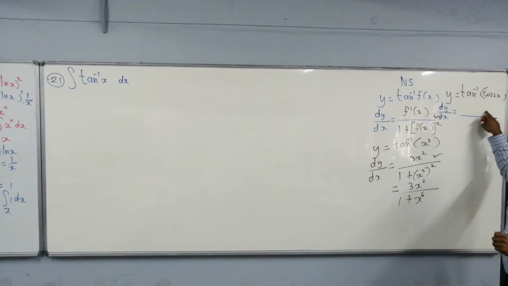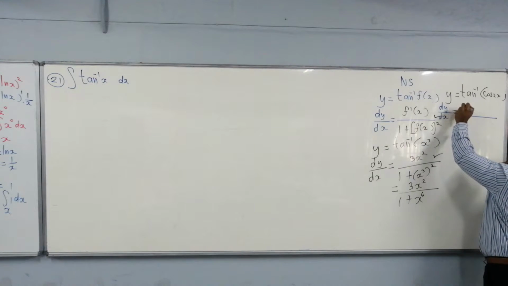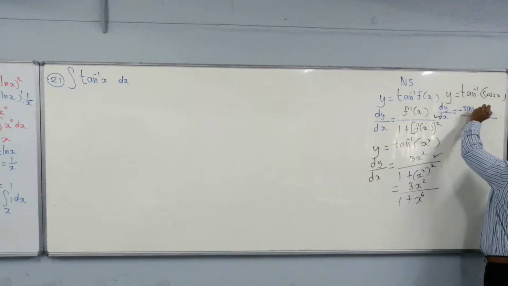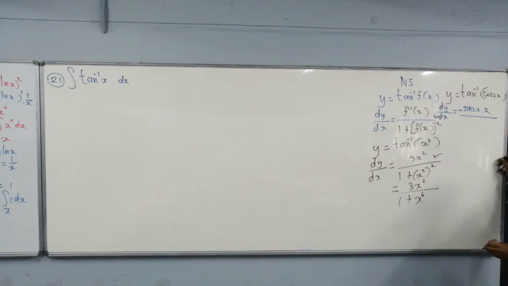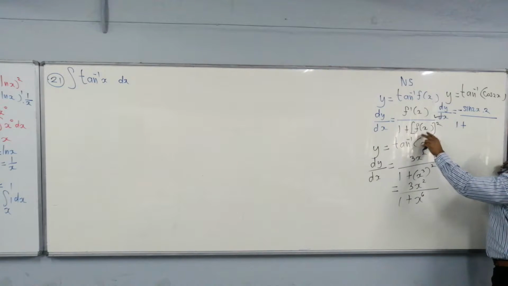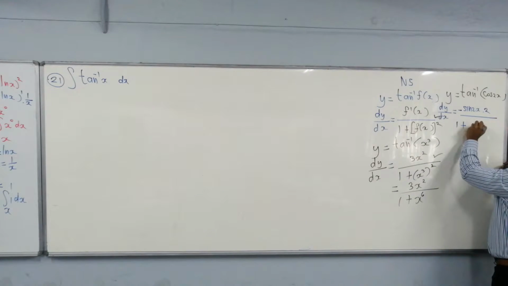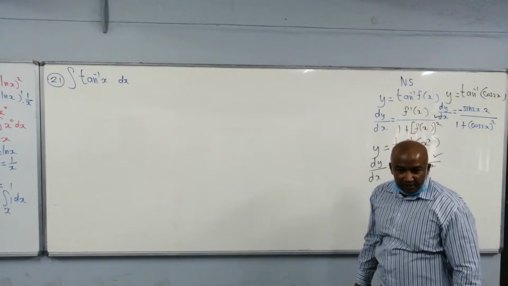The derivative of cos 2x is minus sine 2x times the derivative of 2x, which is 2, divided by 1 plus f of x, which is cos 2x squared. That's how you apply the formula for inverse tan.